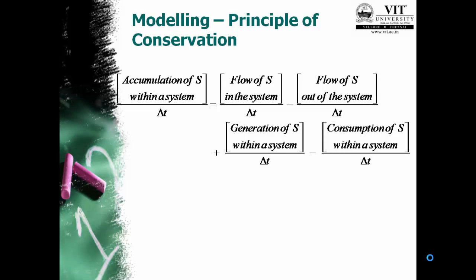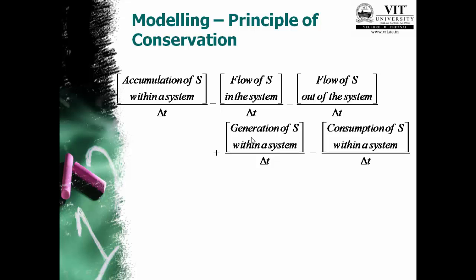So this is the principle of conservation, which defines the accumulation of S within a system over a period of time, which is equal to flow of S coming into the system over a period of time subtracted by the flow of S going out of the system over the period of time, plus if there is a generation inside S and consumption, these two terms also coming into the picture.